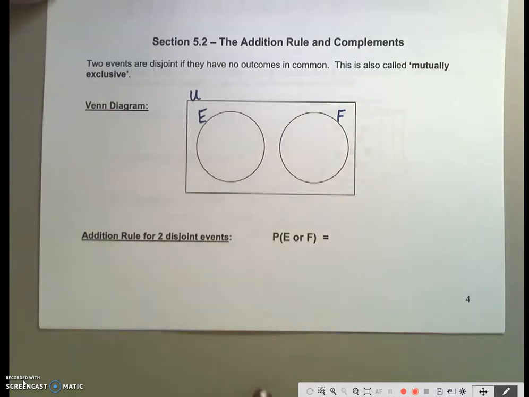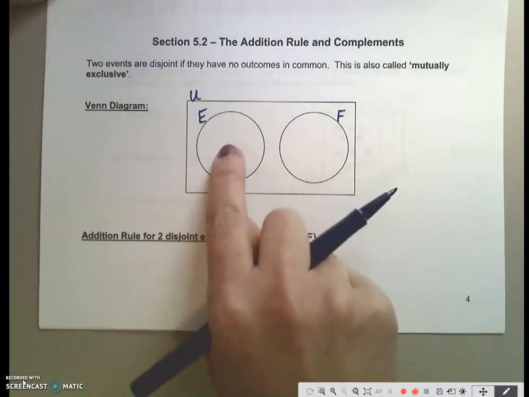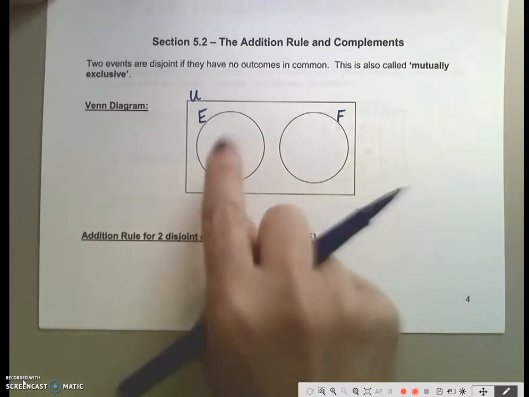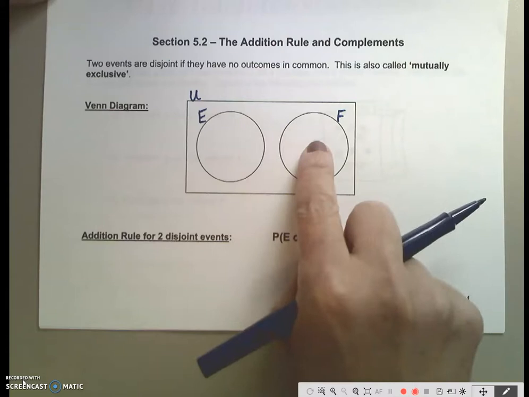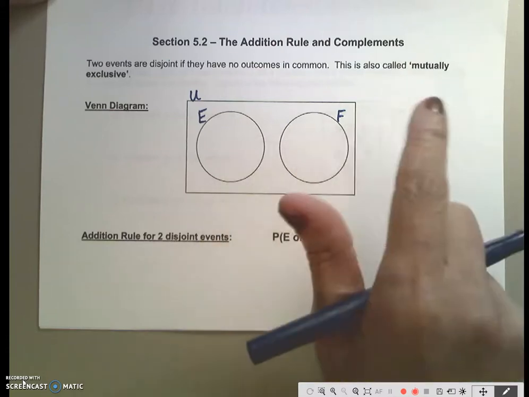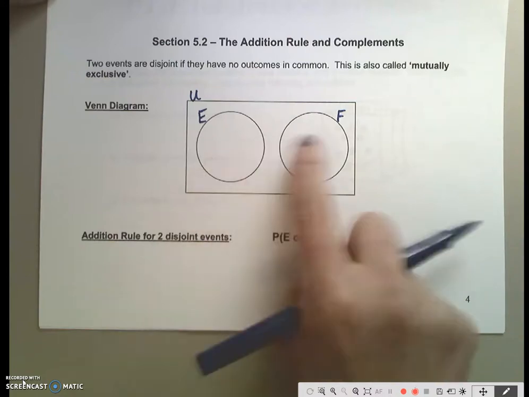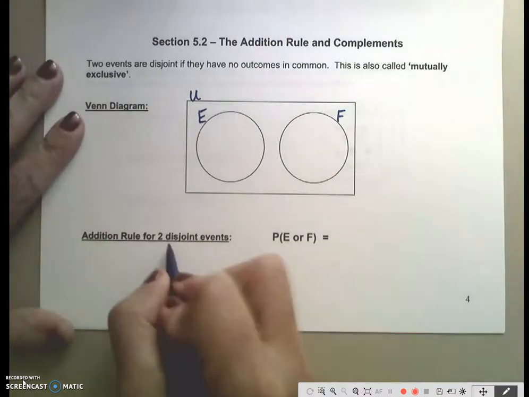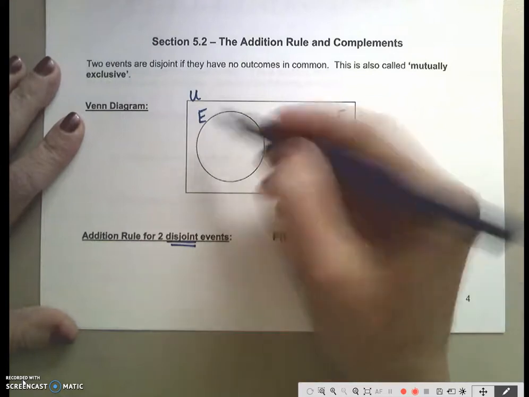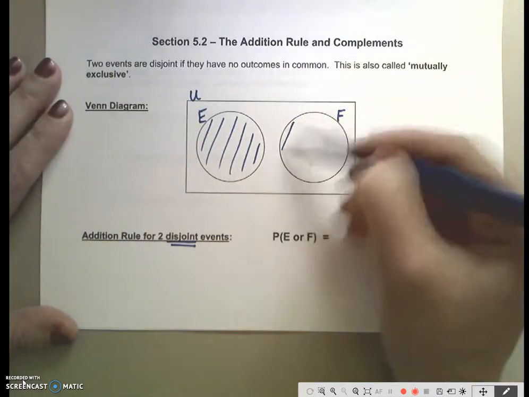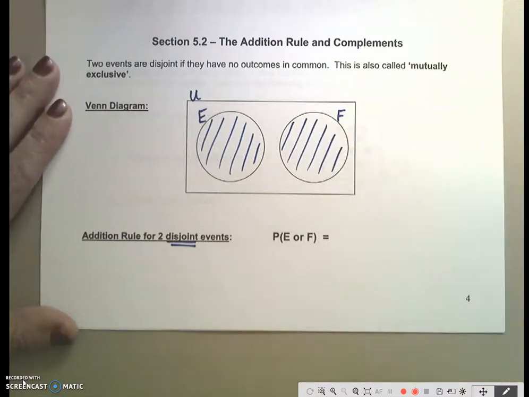So what we did before is, what's the probability that event E happens? Now I want to know, what's the probability that E or F happens? One or the other, or possibly both, but we can't have both because they don't overlap. So the probability of E or F happening when you have disjoint events is very simple. You just take the probability that E happens and add it to the probability that F happens.